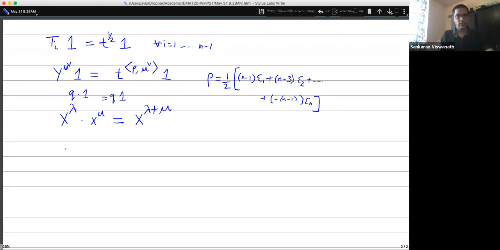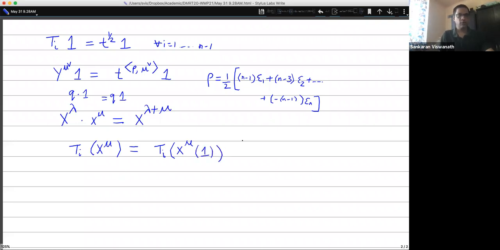So the x^lambda act like this. And how do the rest of the elements act? Well, you can figure it out if you know the commutation relations, or how to move the Ti's past the x's. For example, if you wanted to know how to make Ti act on x^mu in the polynomial representation, you think of it as Ti acting on x^mu acting on the polynomial 1.